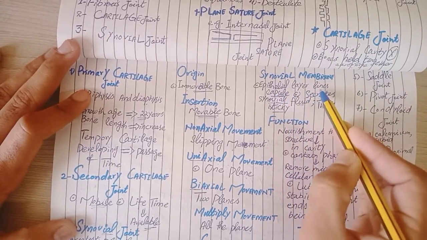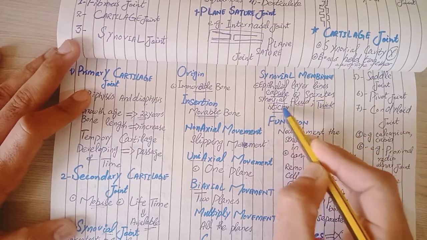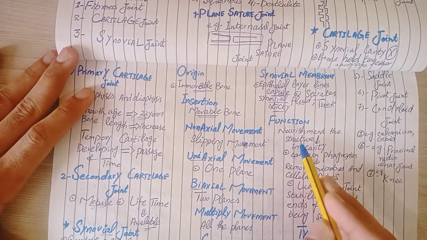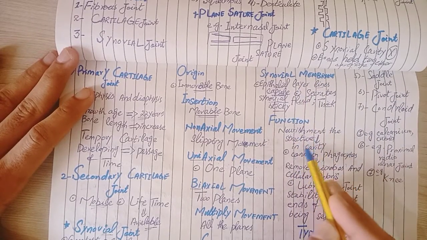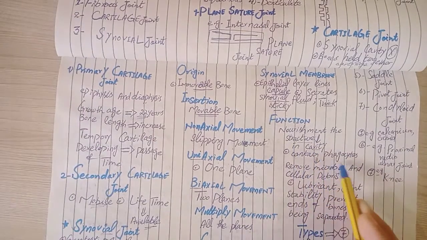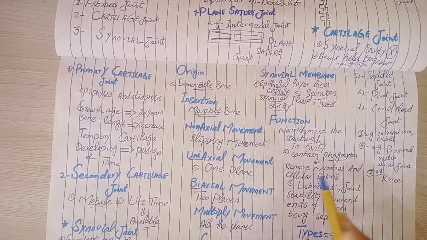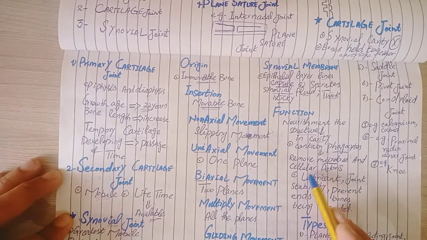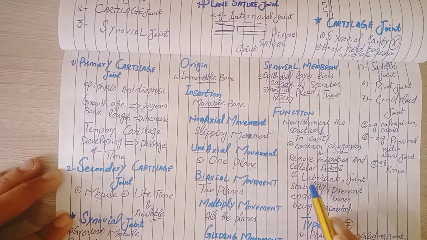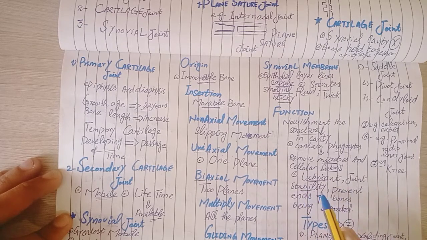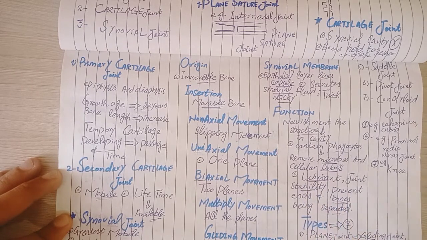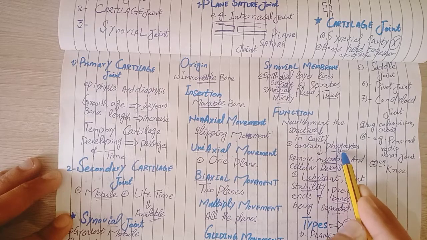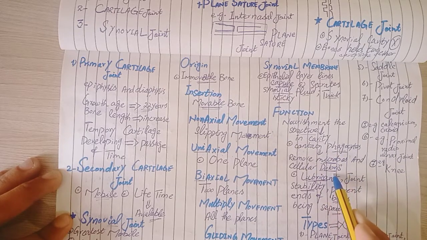Functions of the synovial membrane: first is nourishment. The structure in the cavity contains phagocytes, which play a vital role in removing microbes and cellular debris.